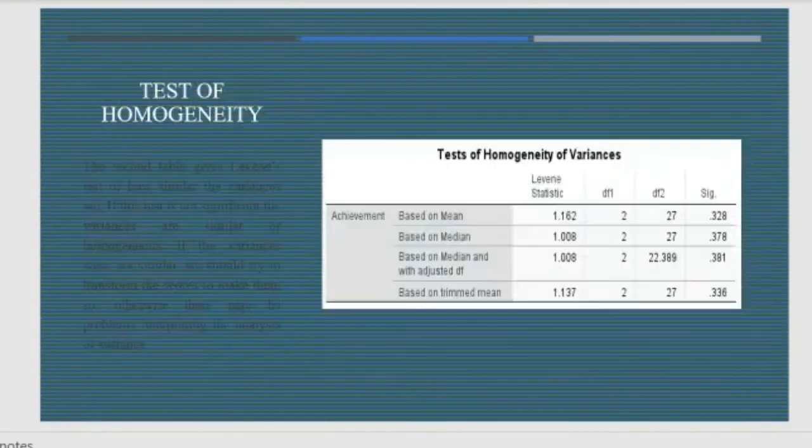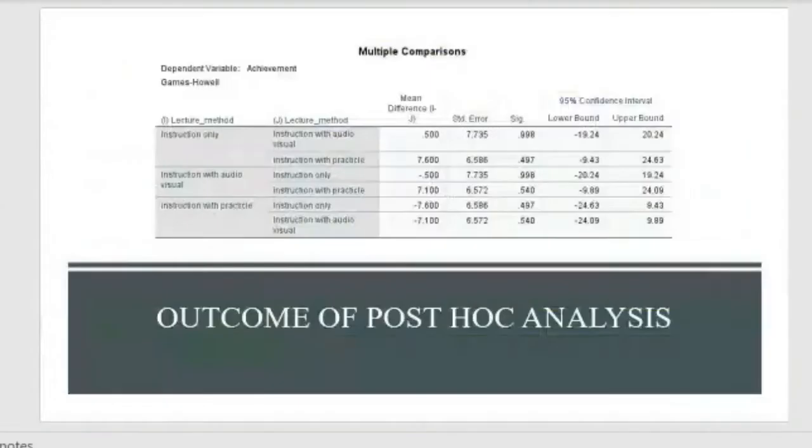Okay, so we have discussed the post hoc analysis. You can see this is a post hoc table. In this particular example, I have used a variable like this: instruction only, instruction with presentation. So this is the mean difference I minus J, and this is the significance level.